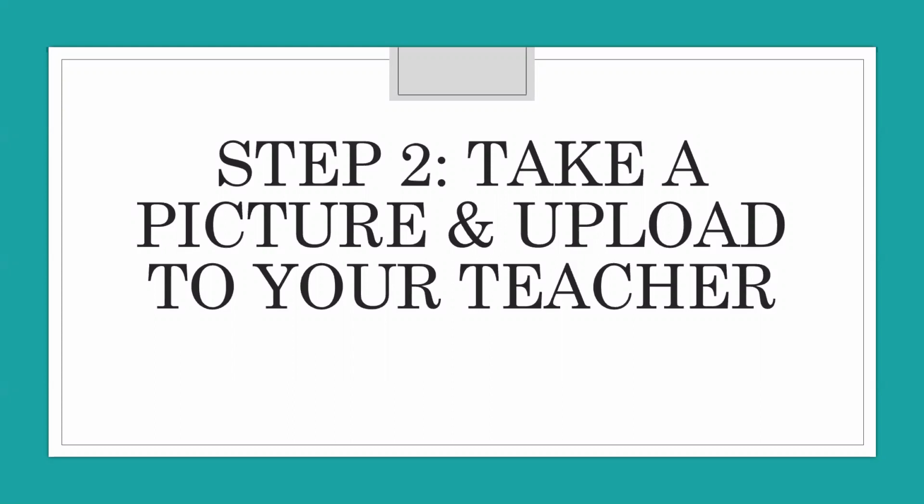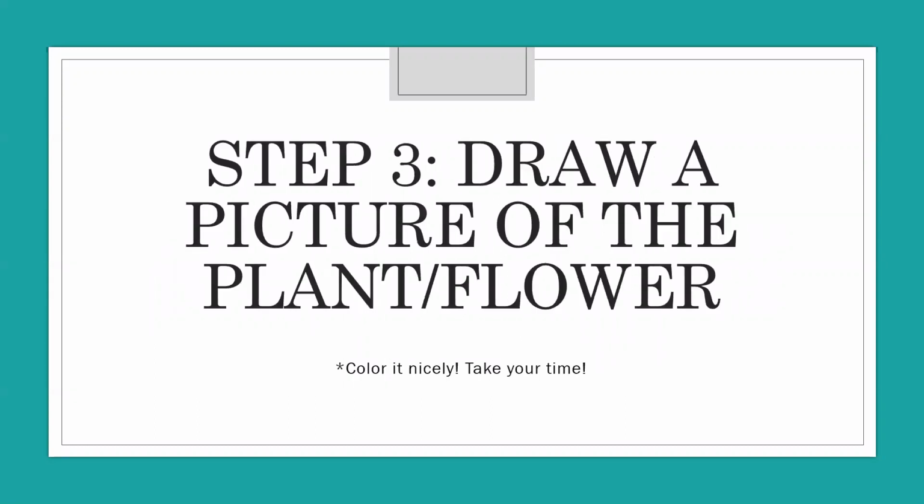But we just want you to get outside and look for something in your environment that is actually around you. So now, if you've already taken your picture and uploaded it to your teacher, the next thing you're going to do is draw a picture of the flower or the plant. You're going to take the nice piece of paper you took out and draw that plant in the middle of the paper.